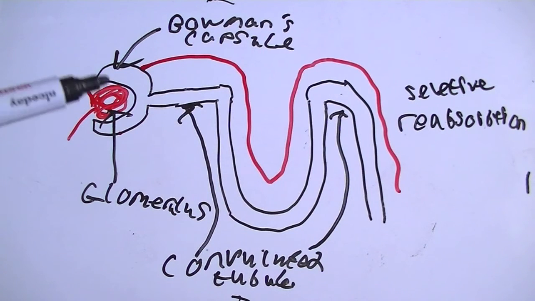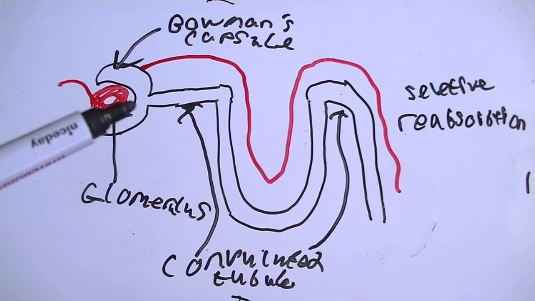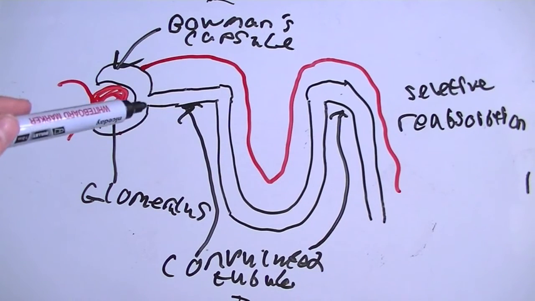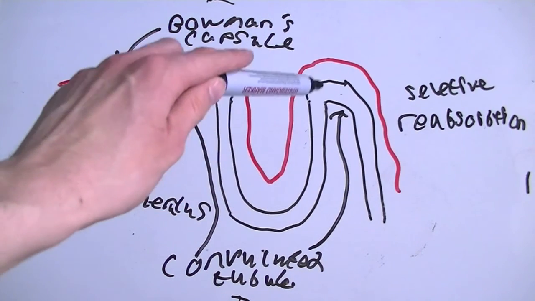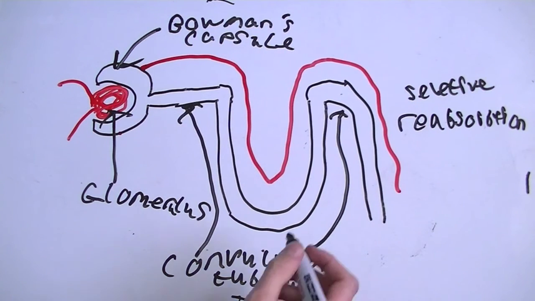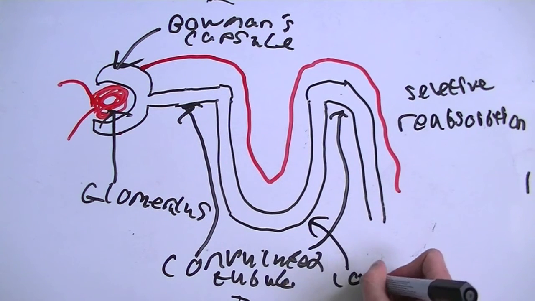And that's where you reabsorb certain products you want in the blood to help your cells grow or do their purpose or whatever, okay? So then, from the proximal convoluted tubule, you move to this dip in the nephron, and that's called the loop of Henle.